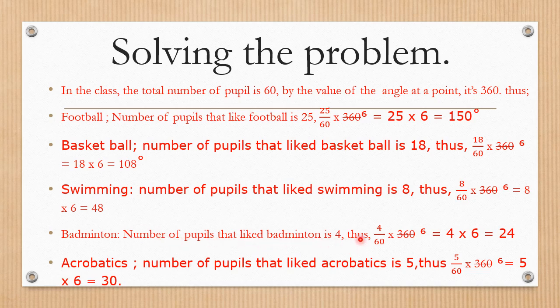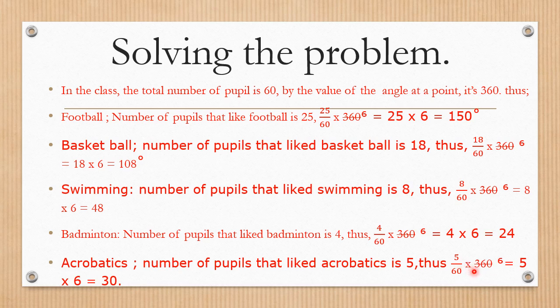The 60 divides the 360, we are left with 6, and 4 times 6 is 24 degrees. Acrobatics is our last game. The number of pupils that like acrobatics is 5. So we say 5 out of 60 pupils times 360, the sum of angles at a point. 60 divided into 360 gives us 6, and 5 times 6 is 30.